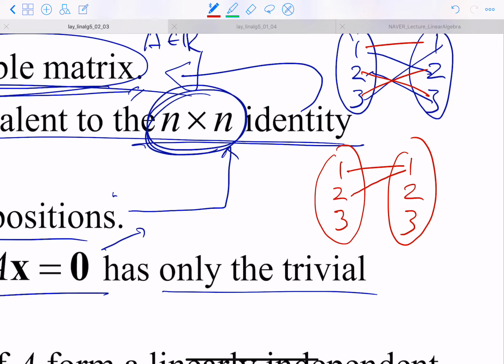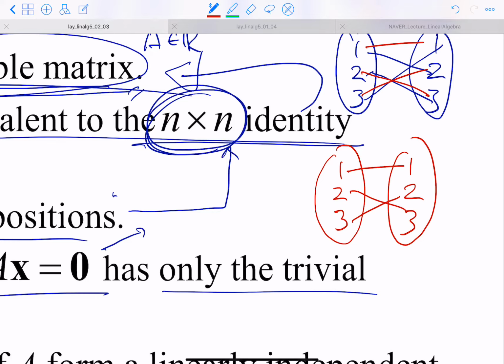There is no hope to satisfy onto, because we have no additional elements in our domain, right? So we cannot allow any redundancies, right? And so the only possible way, while satisfying onto, is that 1-to-1 should automatically be satisfied.